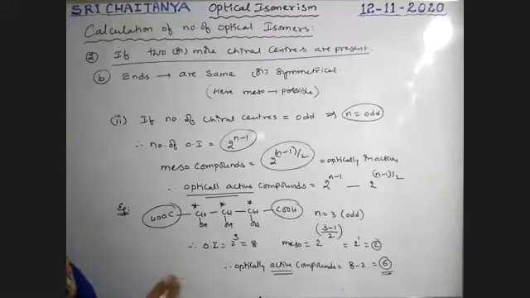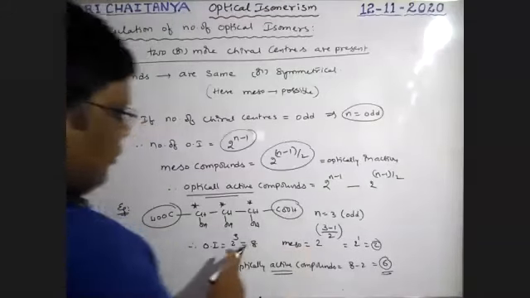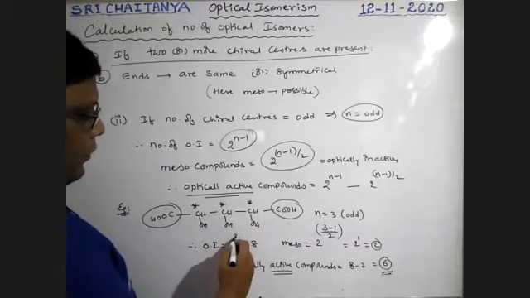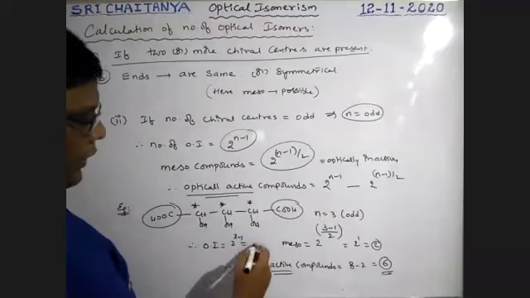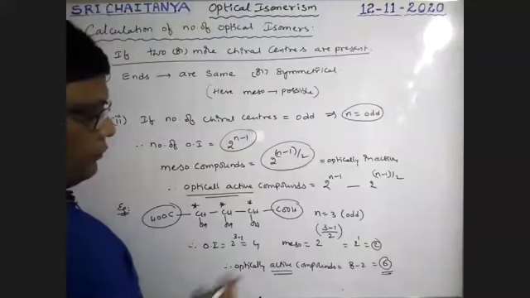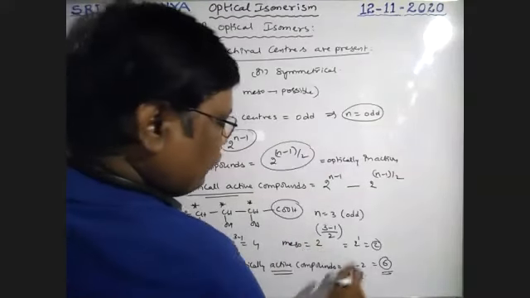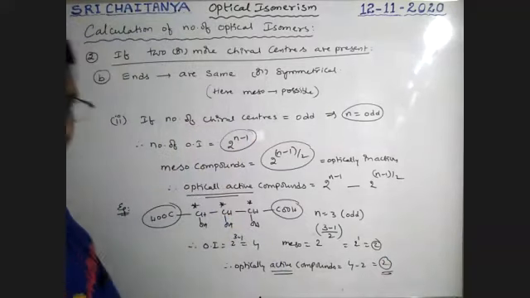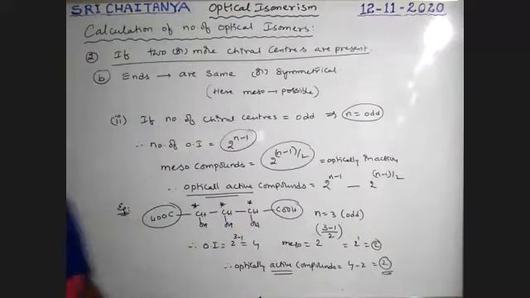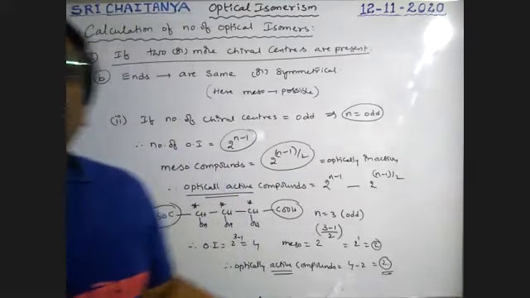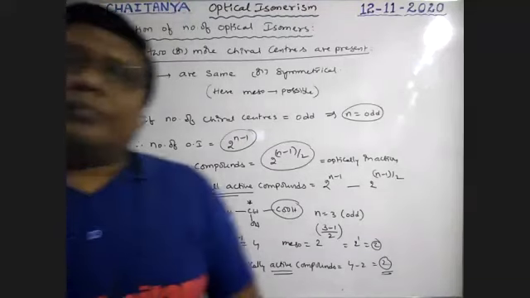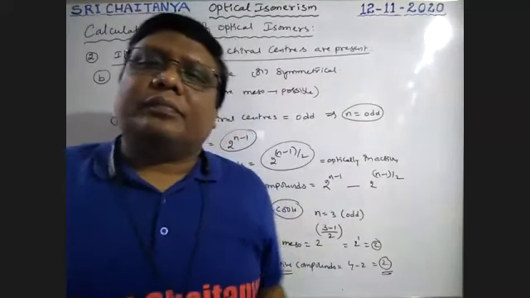Okay, it is 4, and the meso is 2. So 4 minus 2, which is 2 only. Okay, boys, thank you. Am I correct now? As per your formula? No doubt, it is corrected.